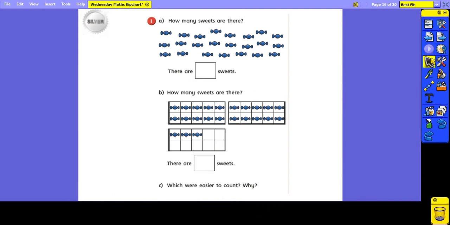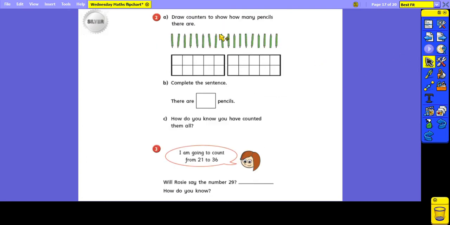Okay, so here are your silver questions for today. For question 1, you are working out how many sweets there are, and then doing the same here by counting the number in the 10 frames. And then for C, you can decide which way was easier to count and explain why. For question 2, you are drawing counters in the 10 frames to show how many pencils there are.